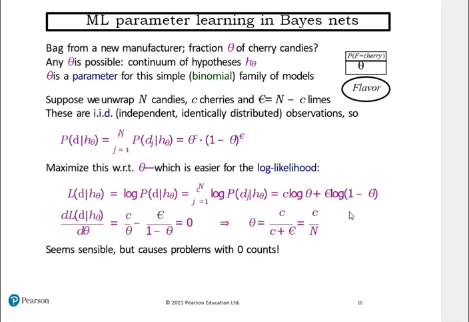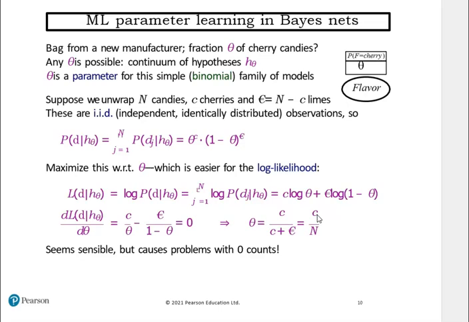So we're going to take the derivative of this equation relative to theta. So the derivative of log theta is 1 over theta, and the derivative of log (1 minus theta) is 1 over (1 minus theta). So we end up with this equation, which is essentially theta is equal to the number of cherries you picked divided by the total number of candies that you opened so far.